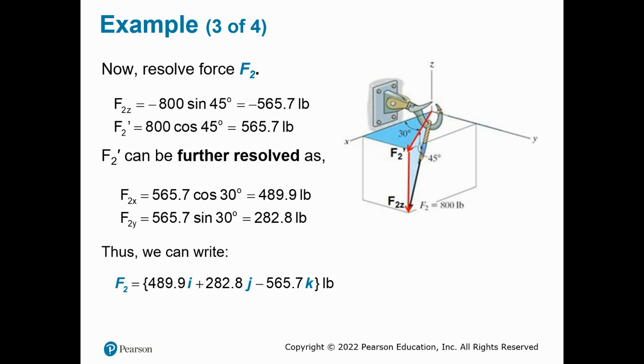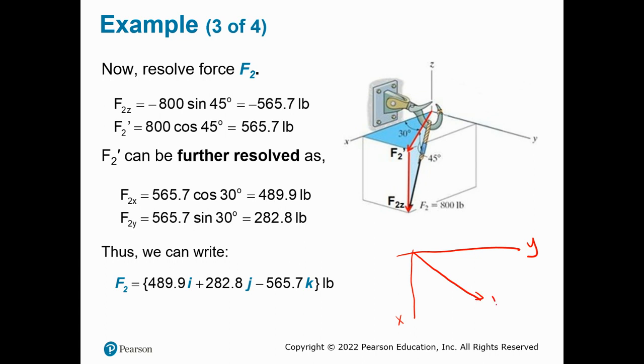Next, we're going to break down that F2 prime in the XY plane. If it's hard to see, you can draw it again. So if you have x here, y here, and then F2 prime is here.